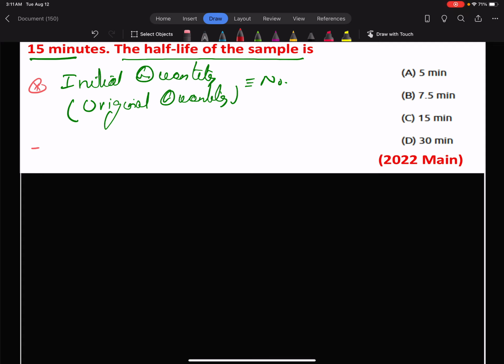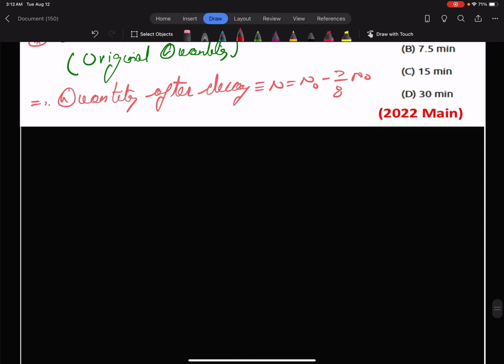So from here we can say the quantity remaining after decaying, let us suppose that is N, will be equal to initial quantity minus 7 upon 8 times initial quantity. So this gives us that the quantity is equal to 1 by 8 times N naught.